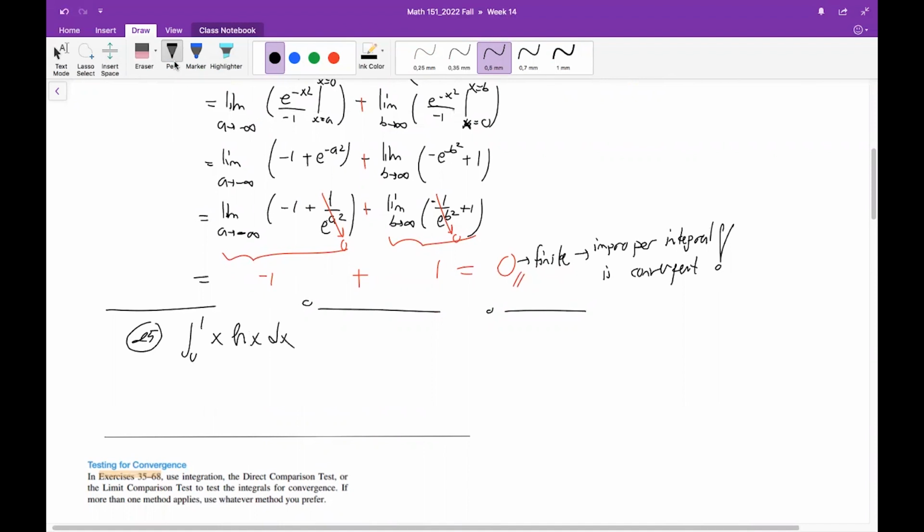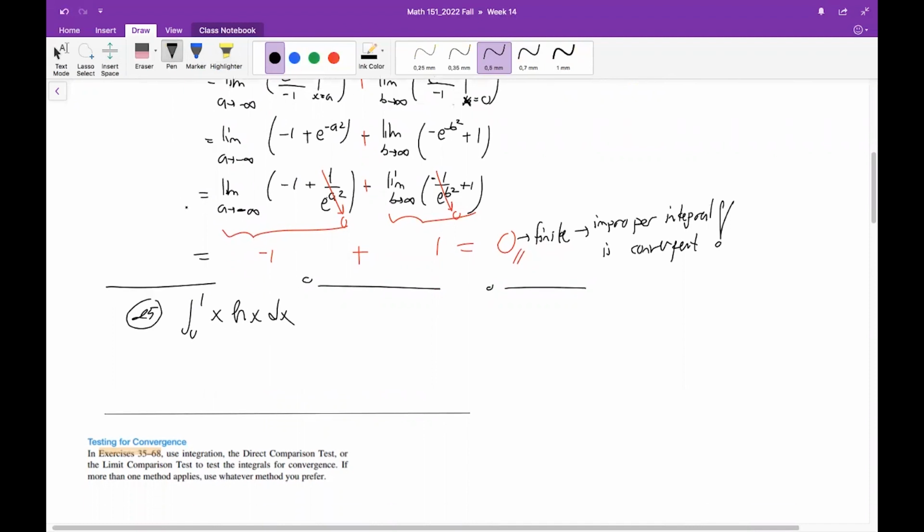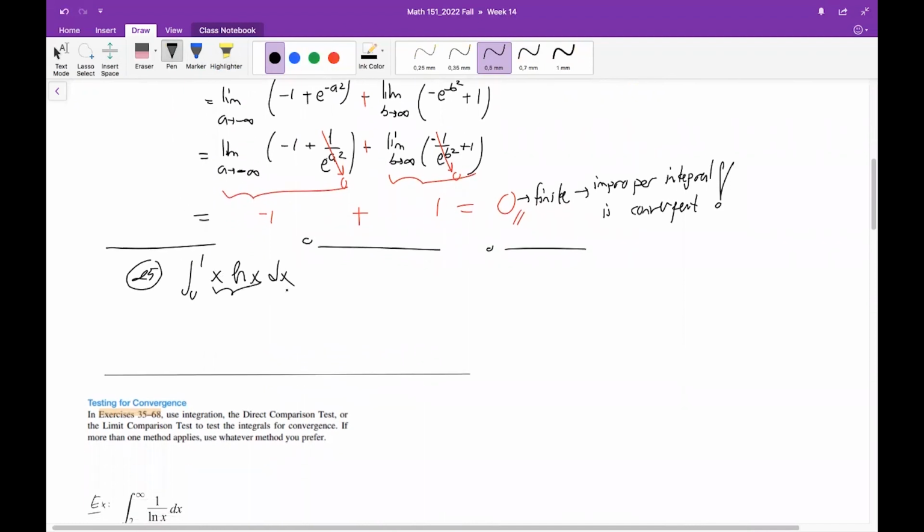Now, there is no problem about the interval being infinite. We have a finite, very nice interval. But the problem is the function inside your integral, x times ln x, which is not continuous over this interval. At which point?